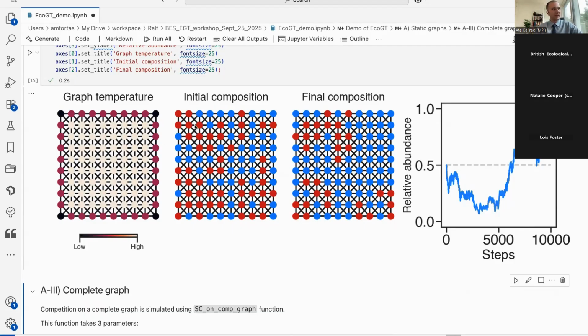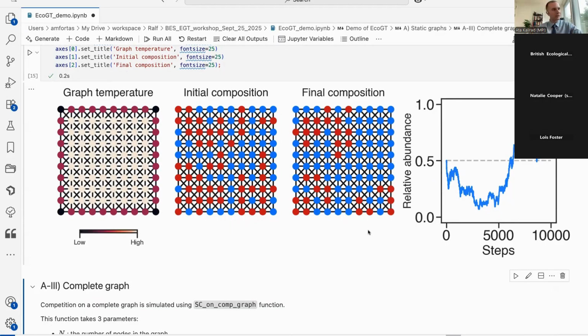But you have the initial composition and final composition, and a King's graph is pretty interesting in the way it behaves, which illustrates how the competition would work. But these are more extreme.